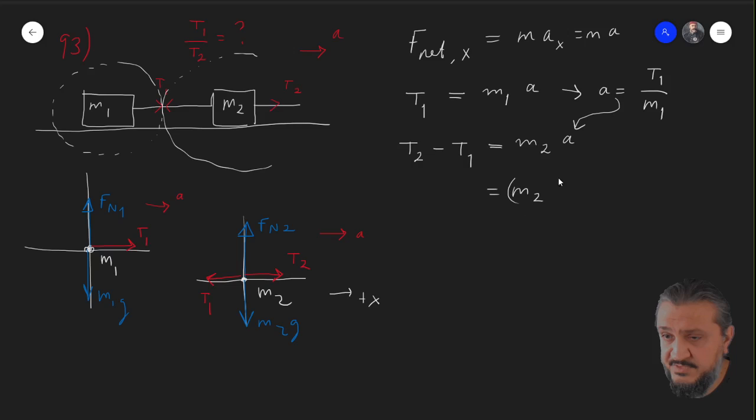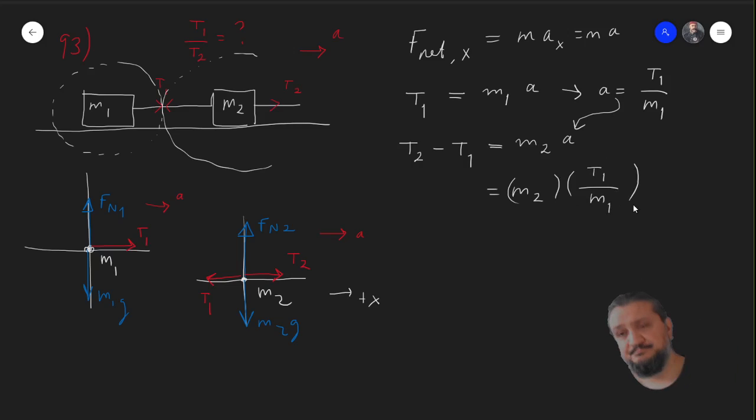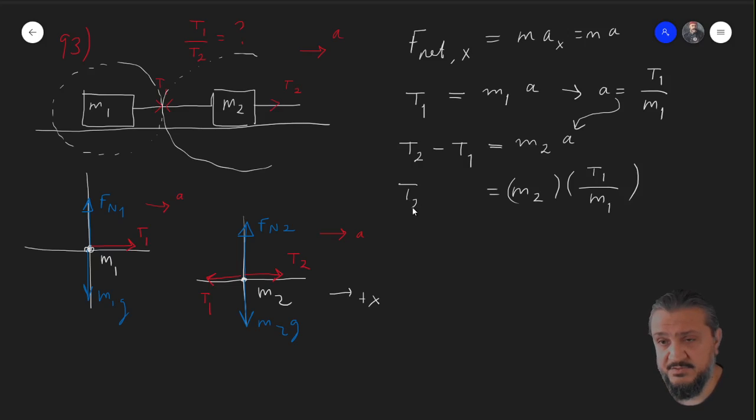So M2 times a, which is T1 over M1. But I also have T1 on the left-hand side. Remember, there's a minus T1 on the left-hand side. So if you write it here, T2 minus T1. So why don't I move that T1 to the right-hand side?